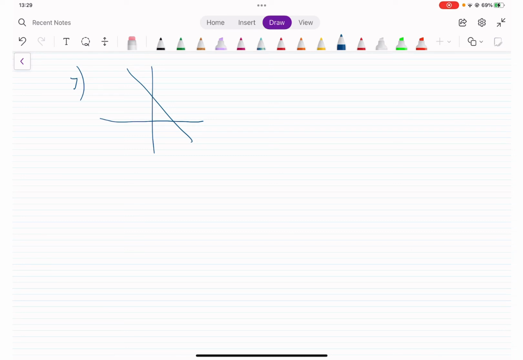Based on the vertical line, let me take orange color. This is a vertical line. The vertical line test says if the vertical line is crossing only in one point of the graph, then we have a function. Then y is a function of x.